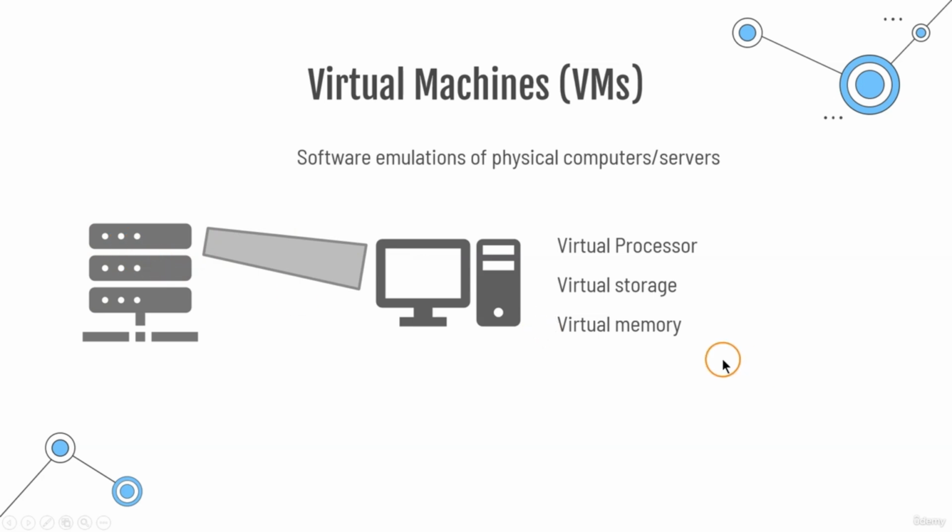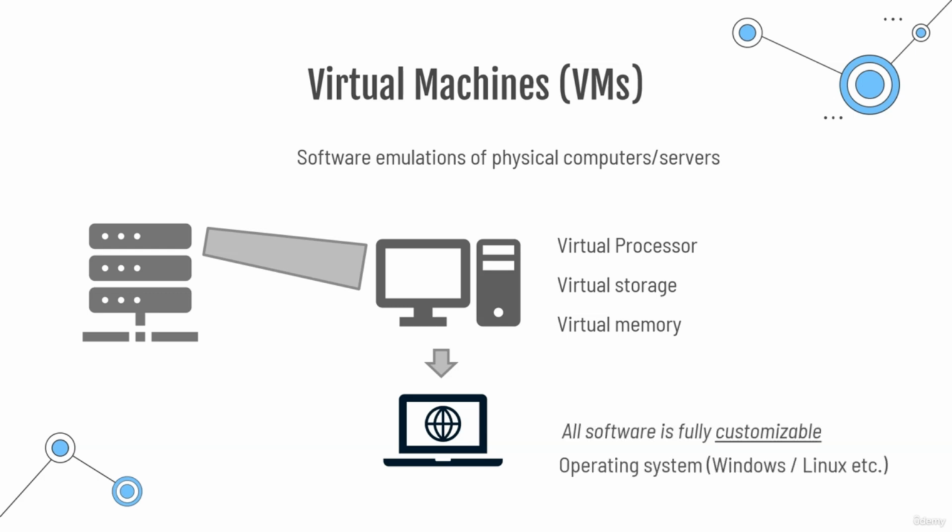And then we can use the internet, for example our laptop, to get access to this virtual server, and we can use it like a real physical server, apart from the fact that we can't touch it. But we have everything available. We have complete control also over the software that is installed on this virtual server, on this virtual machine, also the operating system.